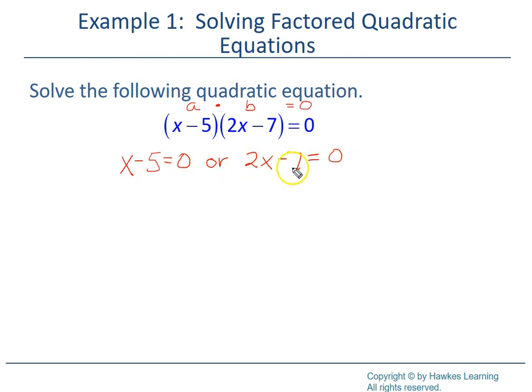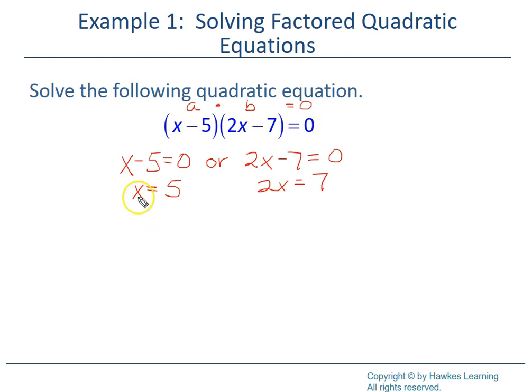So we've equated each of the factors equal to 0. And now we have these little mini equations, and we just solve them. This is just going to be x, transpose that, is 5. We haven't used that word for a while. And then 2x equals, transpose the negative 7, becomes a 7 on this side.